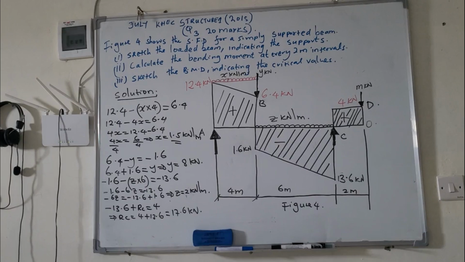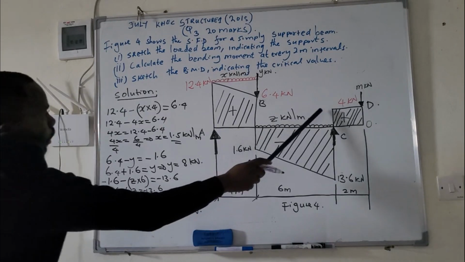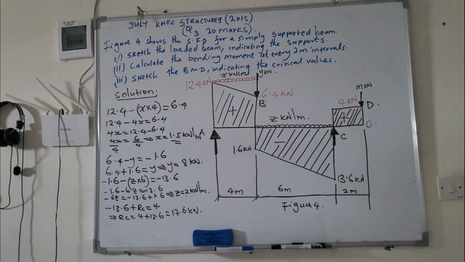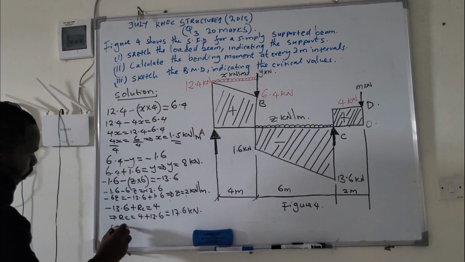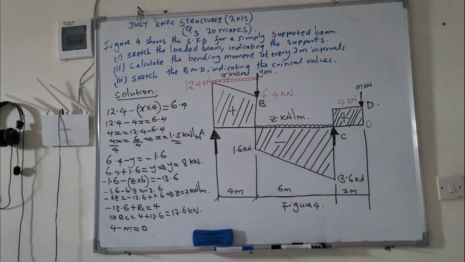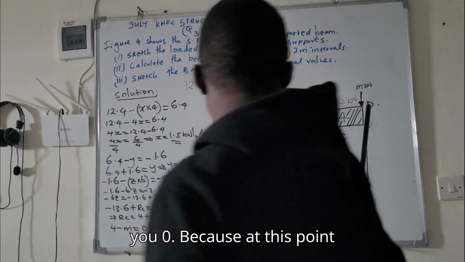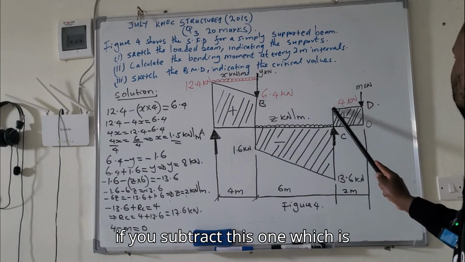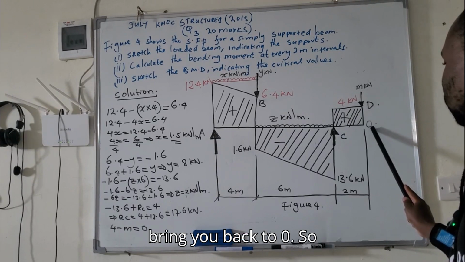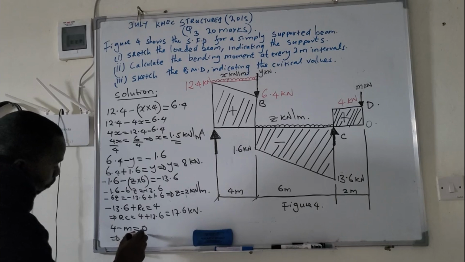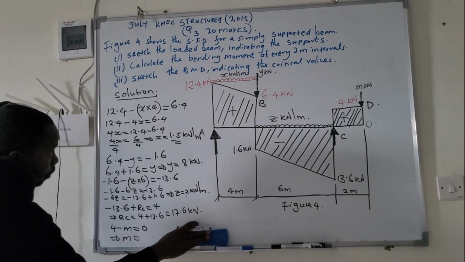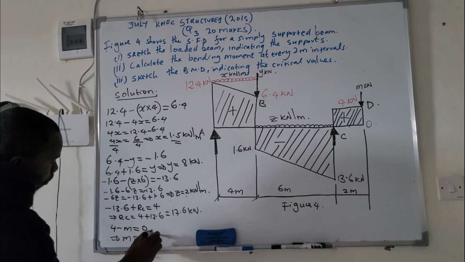So if you take this 4 minus M, it should give you 0, because at this point, if you subtract this one, which is from here to here, it is supposed to bring you back to 0. So which implies M equals 4 kilonewton.